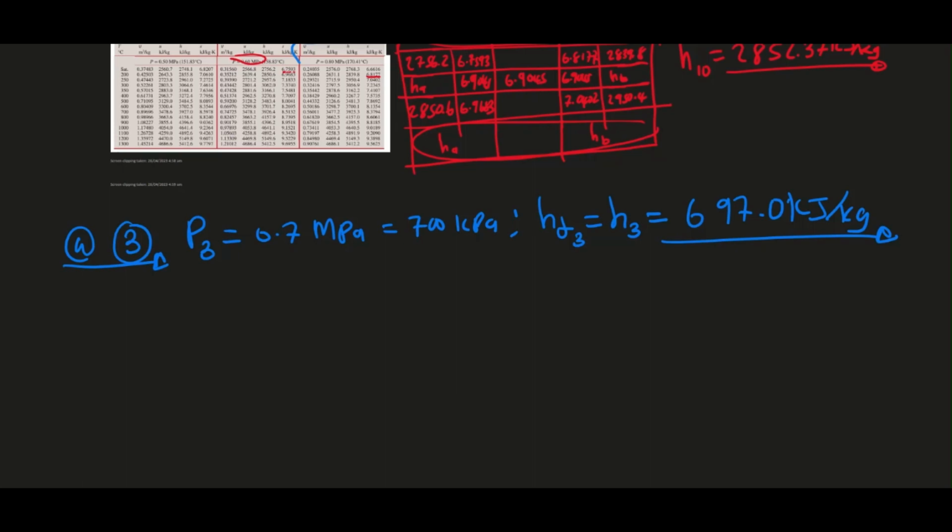What do we know? There's a pump immediately after state 3. So from step 3, the pressure is raised to the boiler pressure by a pump. So we can actually get the properties for step 4 using the work done on the working fluid by the pump.